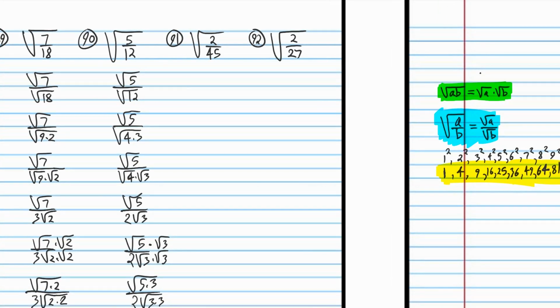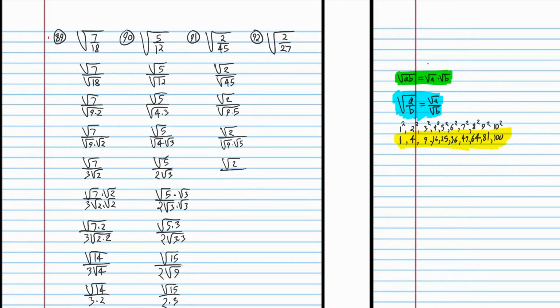All right, we're back. Pull out the perfect square in the denominator. Root 9 becomes 3. Now we're going to rationalize the denominator.